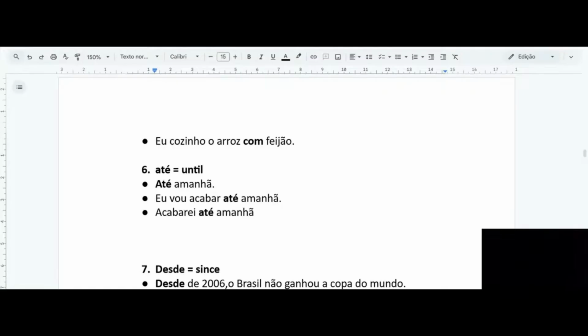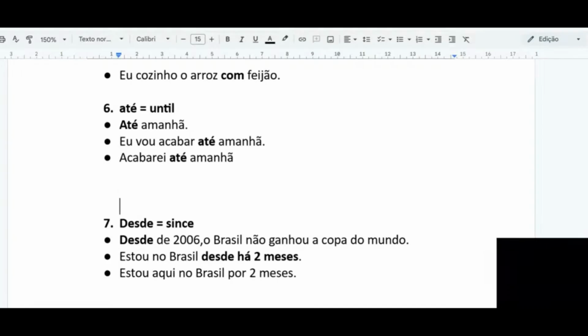Acabarei is for future. When you get to the future tenses, I will explain it. No one should bother what is acabarei, because we are not yet at the future one. For now, we should all say, eu vou acabar até amanhã. I'll finish until tomorrow. Or by tomorrow, I'll finish.